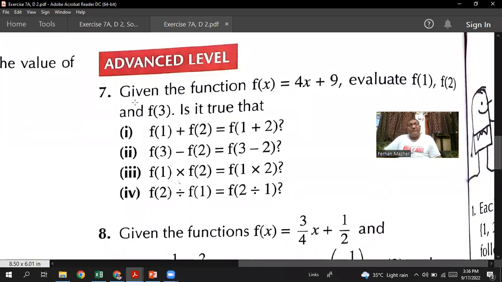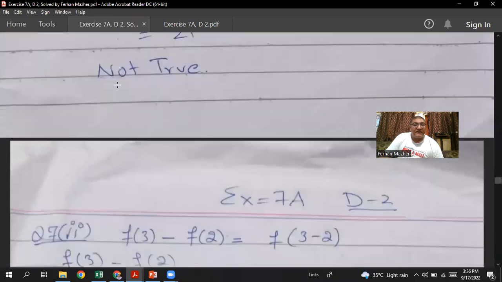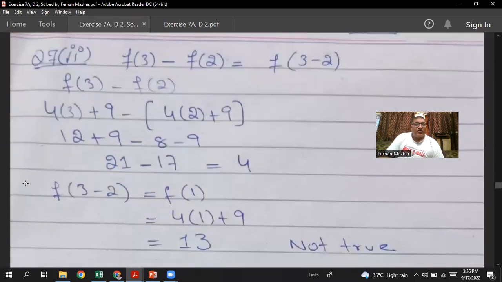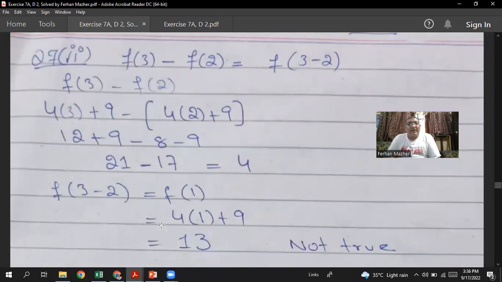He says f of 3 minus f of 2 is equal to f of 3 minus 2. So let's check. That's the second part. So we will find f of 3 minus f of 2. So it will be 4 into 3 plus 9 and minus bracket 4 into 2 plus 9, bracket close. And you will have 12 plus 9 minus 8 minus 9.